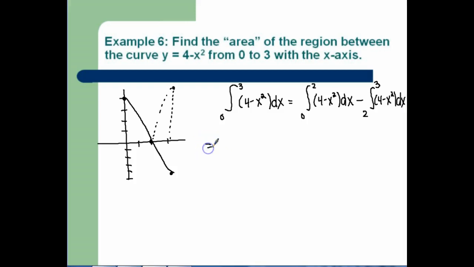So the antiderivative of 4 is 4x. The antiderivative of negative x squared is negative x cubed all over 3. And now we have to split our evaluation from 0 to 2, minus the evaluation of that same function, 4x minus x cubed over 3, from 2 to 3.